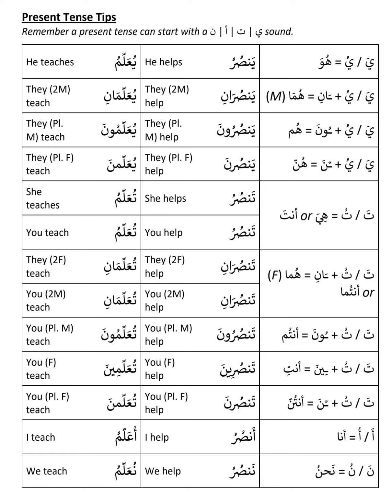Huma ta'budani, hunna ya'budna. Anta ta'budu, antuma ta'budani, antum ta'buduna, anti ta'budina, antuma ta'budani, antunna ta'budna, ana a'budu. A'budu means I worship. Nahnu na'budu, that means we worship. That was iyyaka na'budu. Iyyaka na'budu means we worship.